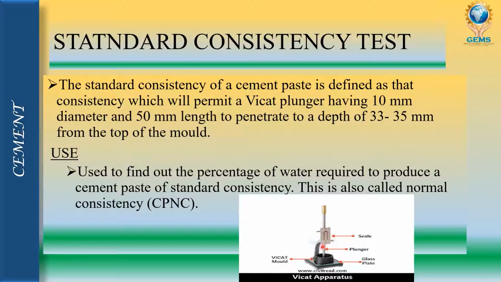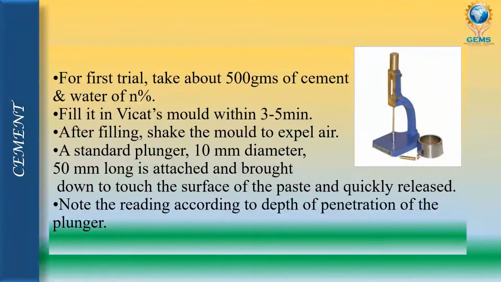Let us see the procedure of standard consistency. Students, for the first trial, take about 500 grams of cement and water of N%. Mix it well and fill it in the Vicat mold within 3 to 5 minutes. As you can see in this image, this is the Vicat apparatus and this is known as the Vicat mold.